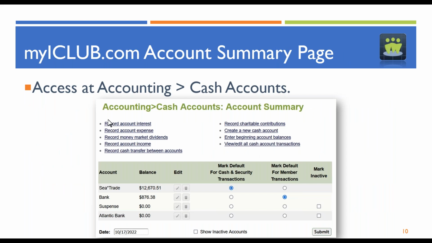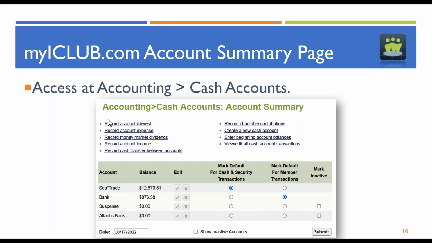If you're starting from anywhere in the myICLUB site, you go up near the top of the page, you click accounting, you click cash accounts, and you'll see something like this. Now we've set up here a couple of sample accounts, and you can see along the left-hand side of that page it's most of the transactions, which we're not really going to touch on too much tonight.